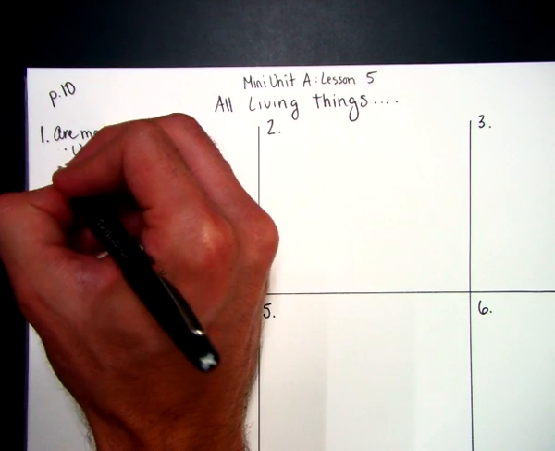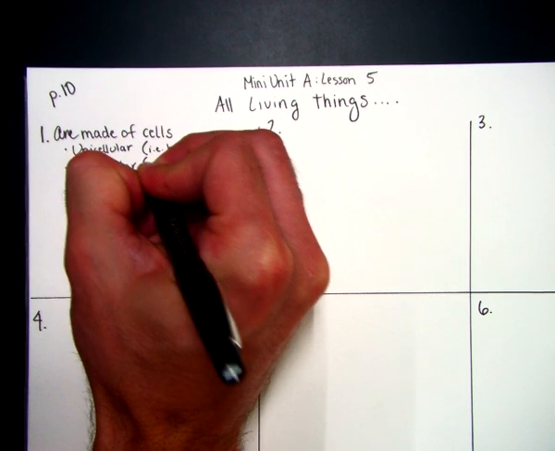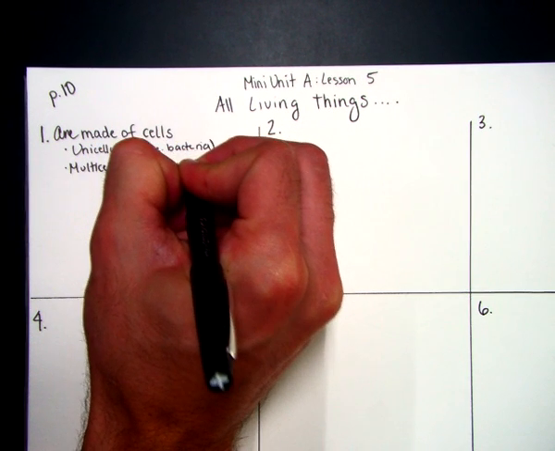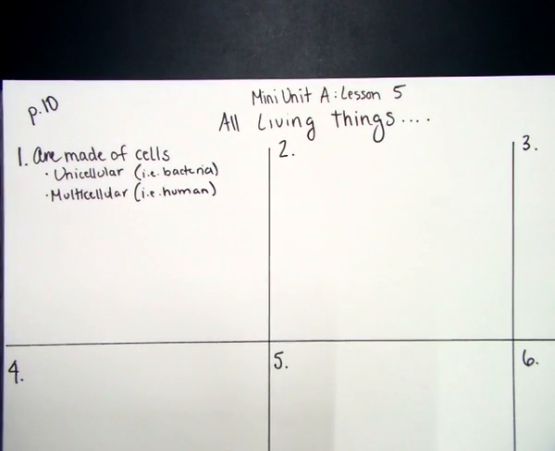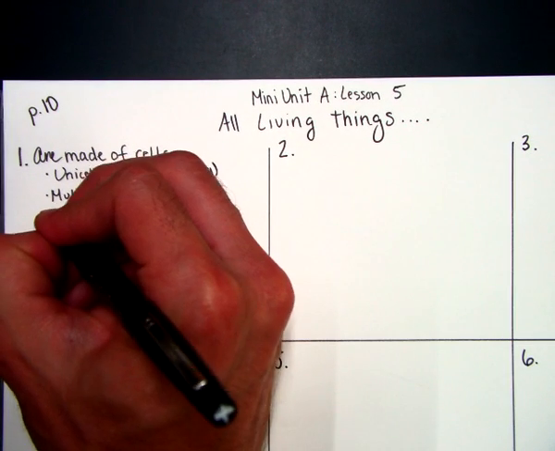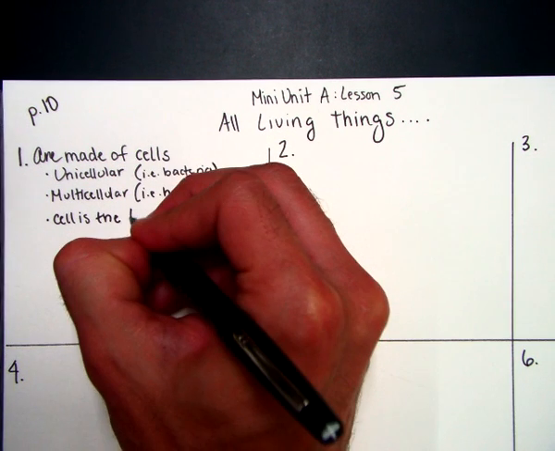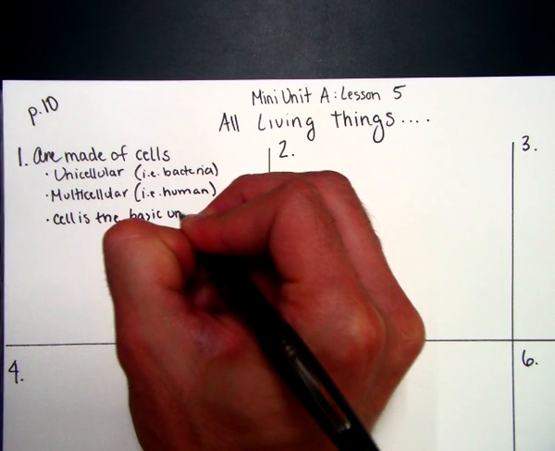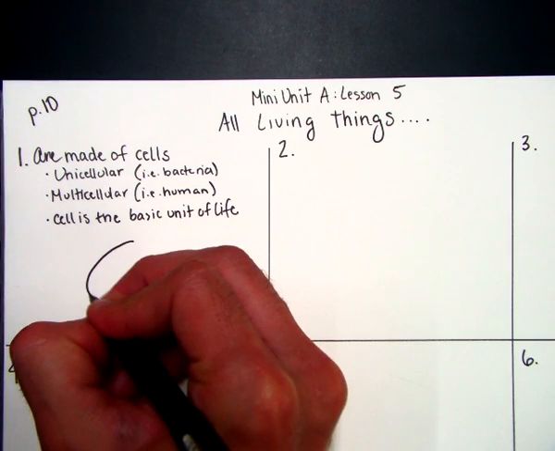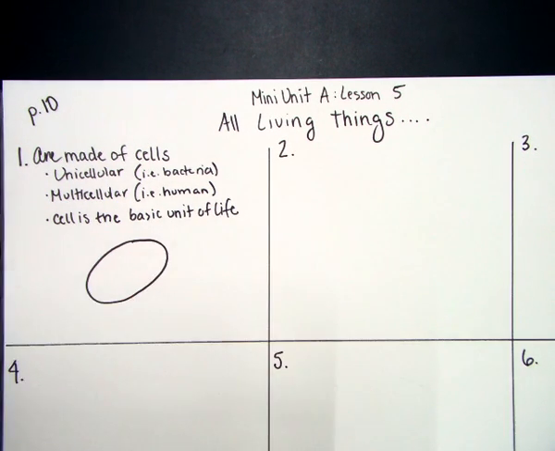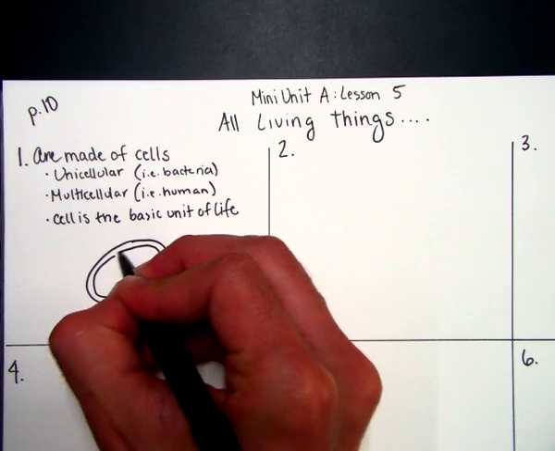Or they can be multicellular, such as a human. Okay, but all living things are made of cells because it's agreed upon that the cell is the basic unit of life. And we will be looking at the different types of cells and their structure throughout this year.